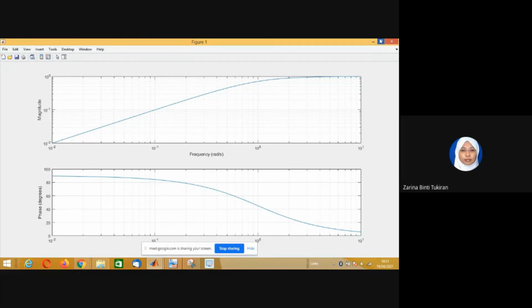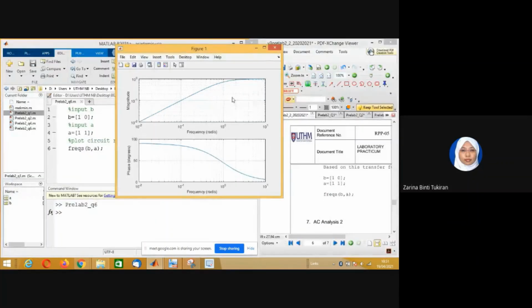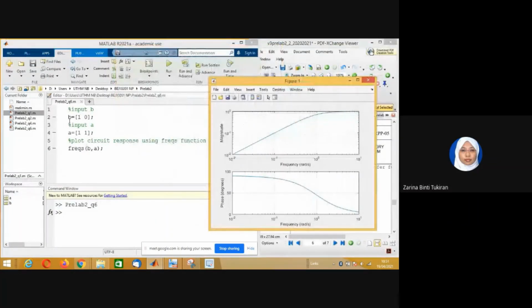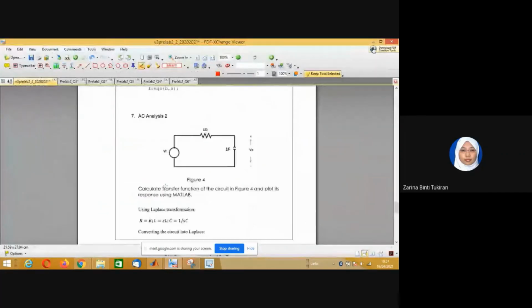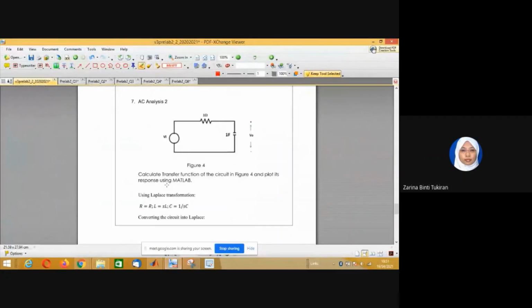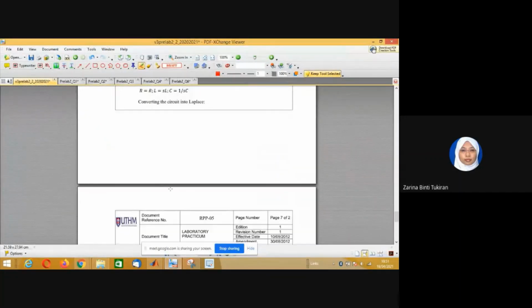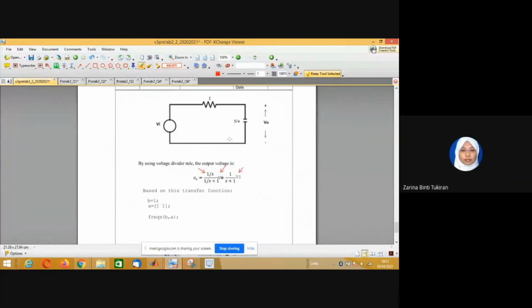Like this is the circuit response for question number 6. Right, so you do the same for question number 7. In question number 7, it provides the value of S as 1 over S, and the value of R is still 1.